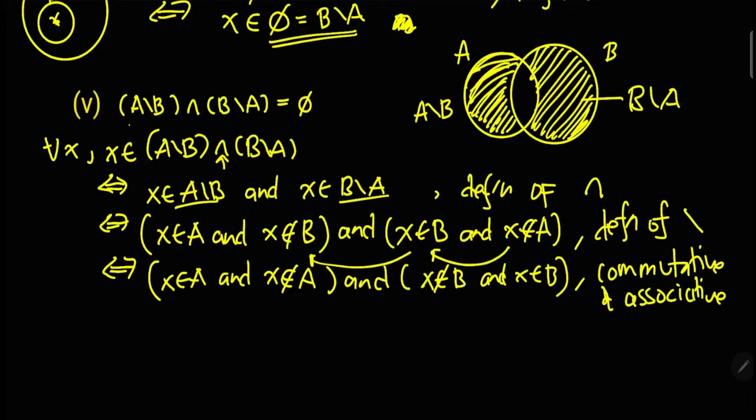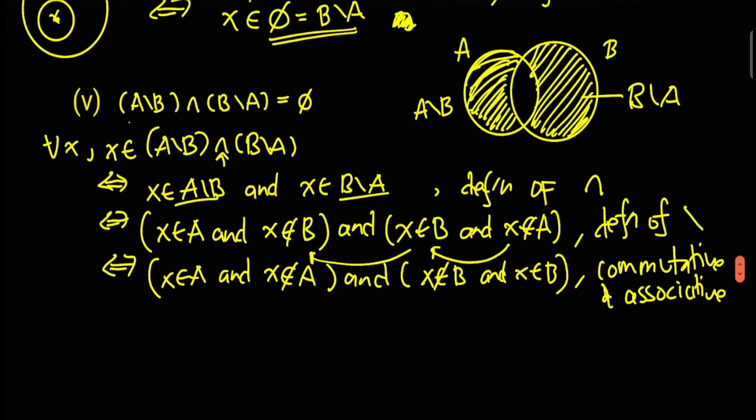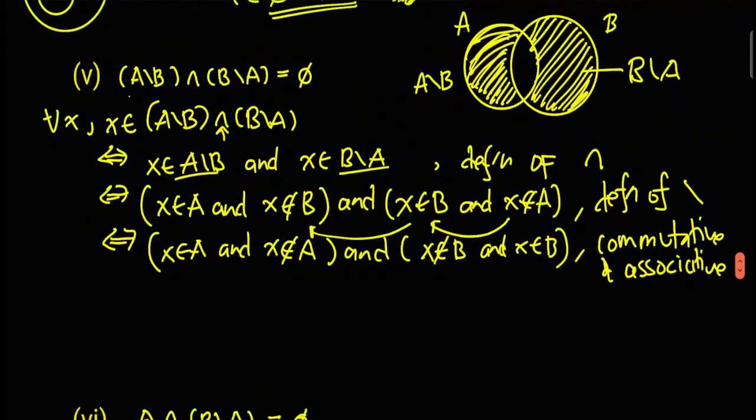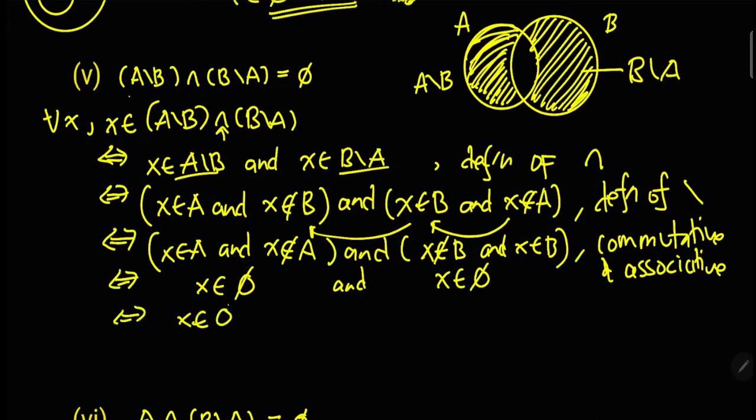Okay. But we can see from the statements we have X is in A and not in A. So that's only true if X is in the empty set. And you have X is in the empty set as well. Since you have the same statement, by the idempotent property of the logical operator, we can simplify this as X is in the empty set.